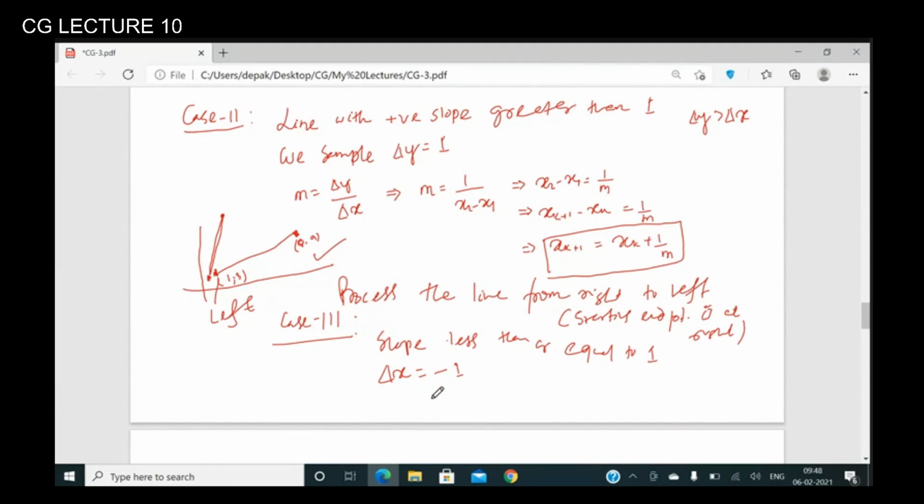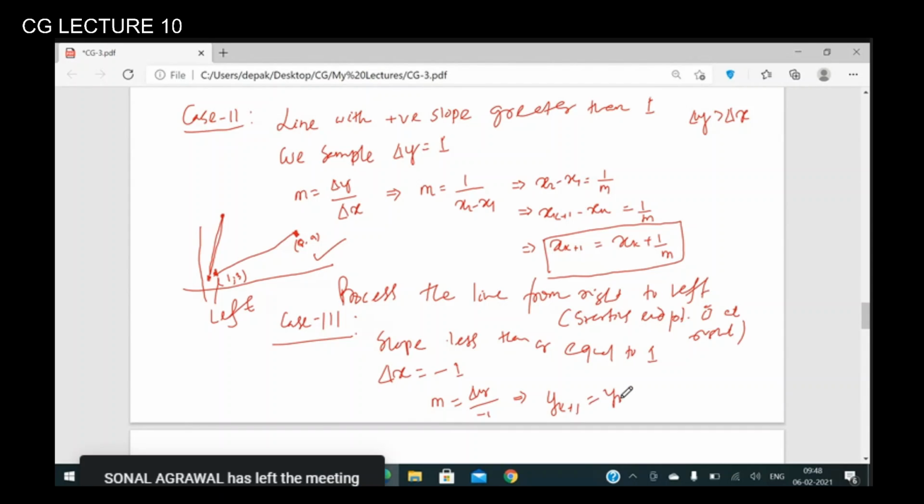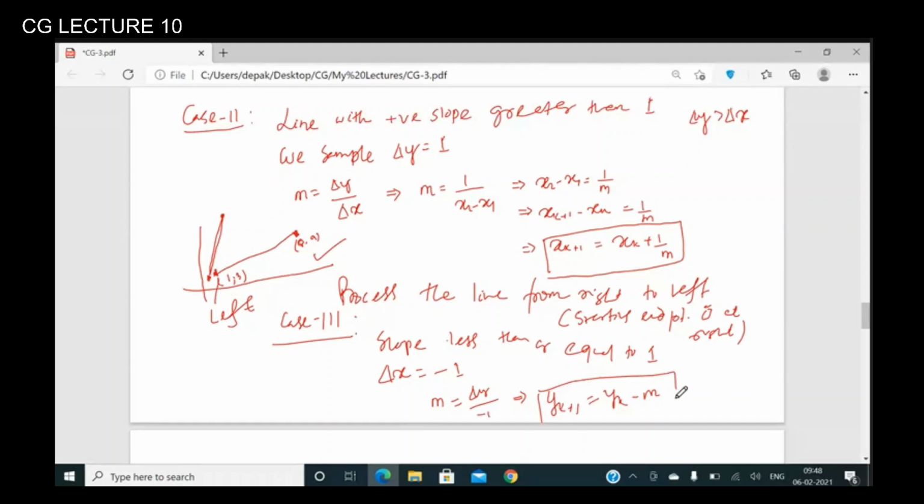If you put the value in the same formula, del y by -1, you will get the formula y of k plus 1 is equal to y k minus m in this case. Instead of addition, you have to subtract because you've started with a higher value.